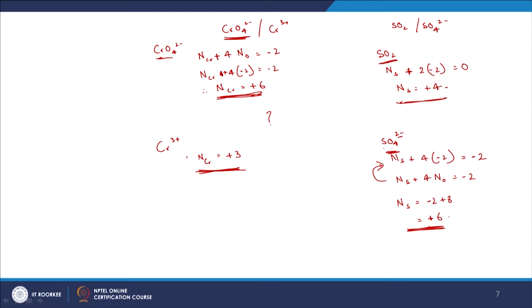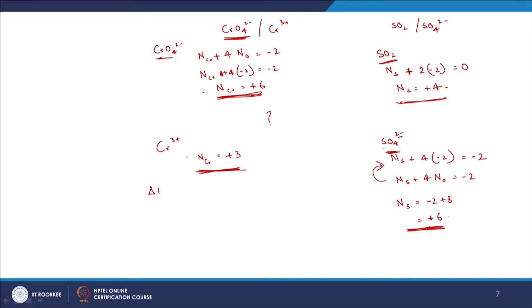Anyway, we can calculate the relevant half reactions here. And then what do we need to do? We need to be able to calculate the change in the electrons, or how do I get that? Or the change in the oxidation states. So I'm going to calculate the change in oxidation state for chromium.